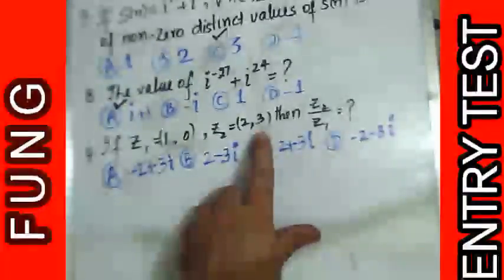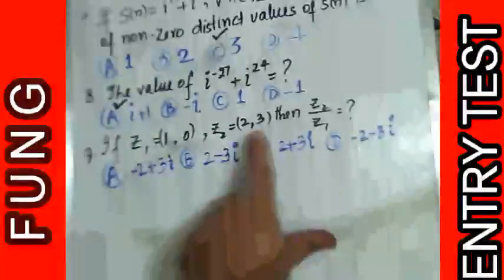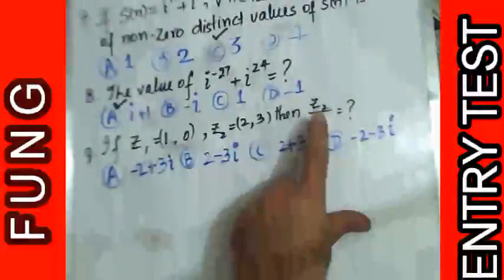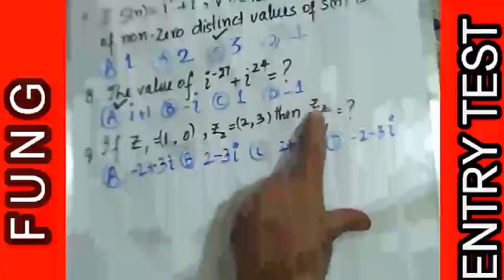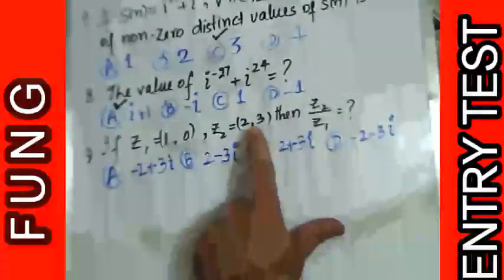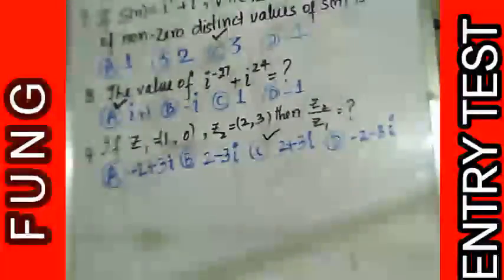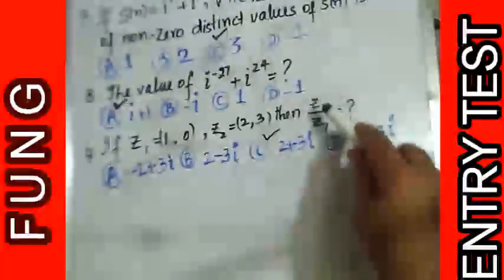Then z2 by z1: z2 is a complex number, and z1 is the multiplicative identity of complex numbers. So a number divided by the identity has the number itself as the answer. Z2 is the answer. It is option C, 2 plus 3 iota. This is the correct option. So when a number is divided by the multiplicative identity, the number itself is the answer.